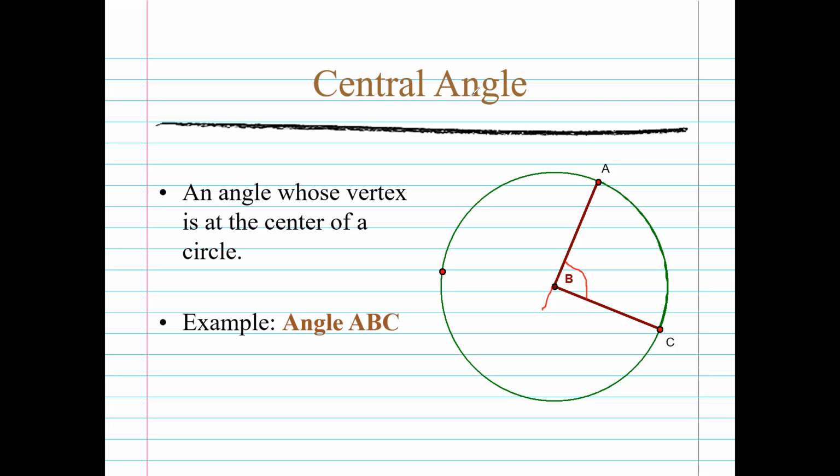Other examples of central angle would be the central angle between ABD, that would be this, and the central angle between CBD, that would be this. So these are the examples for central angle.